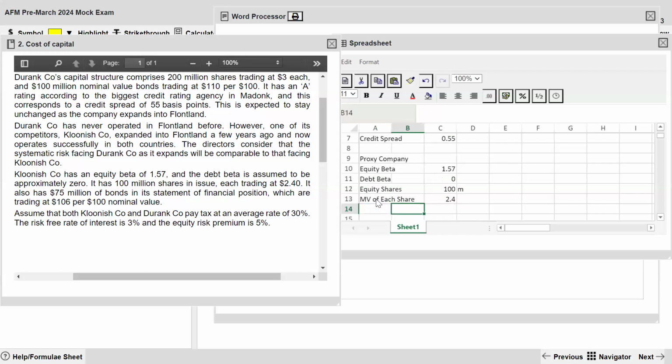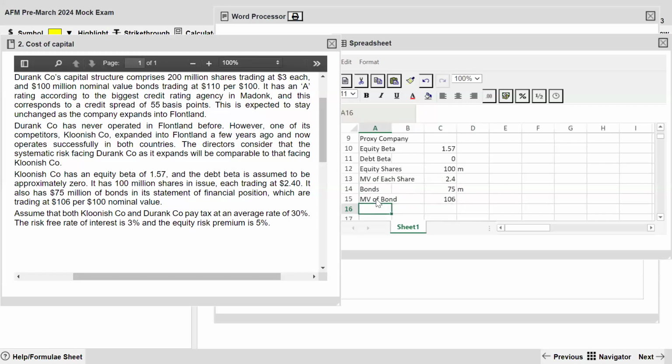It also has $75 million bonds in its statement of financial position, which are trading at 106 per $100 nominal value. So the market value of the bond is 106.